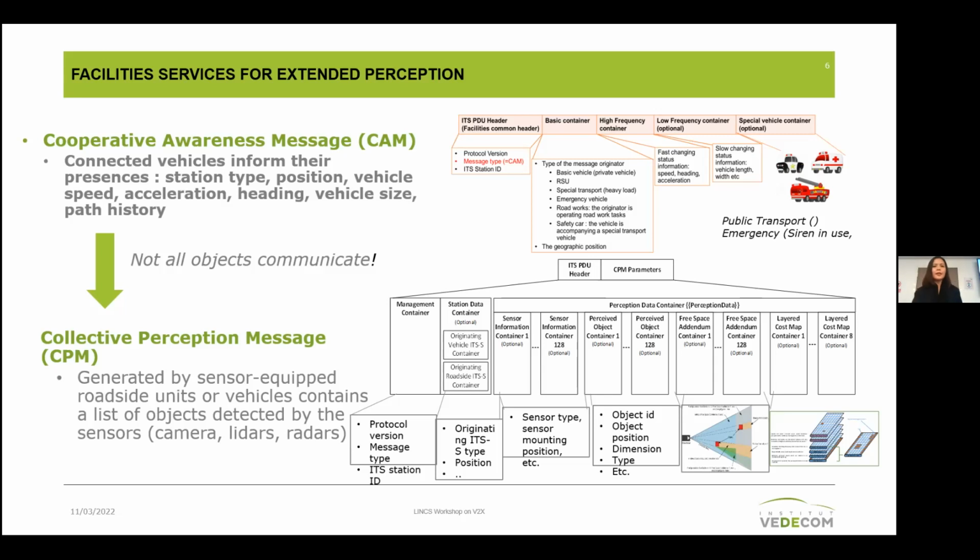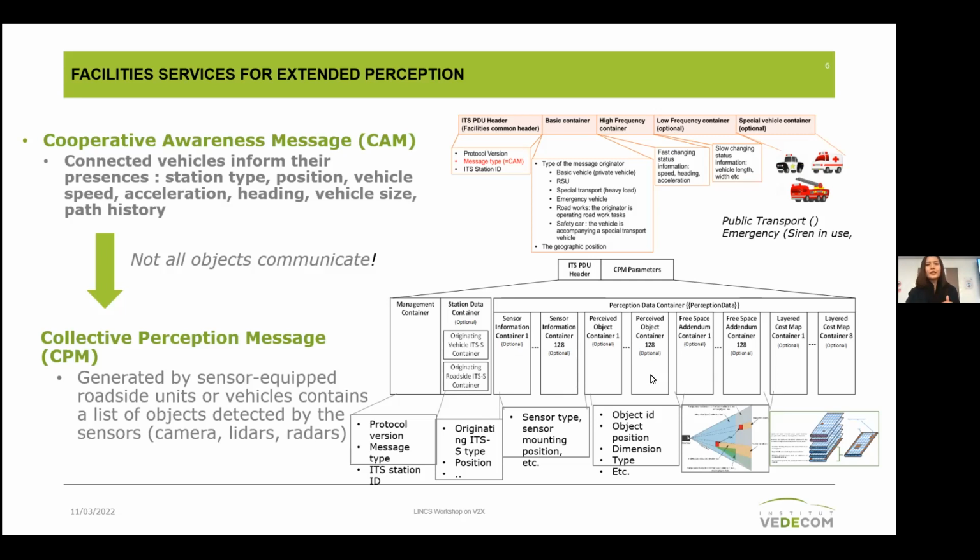A Collective Perception Message can be generated by vehicles or infrastructure that are equipped with sensors. It consists of different containers. There's a header and so on, obviously, but the important part is that it describes what kind of sensor is used, what the field of view of the sensor is, and so on.